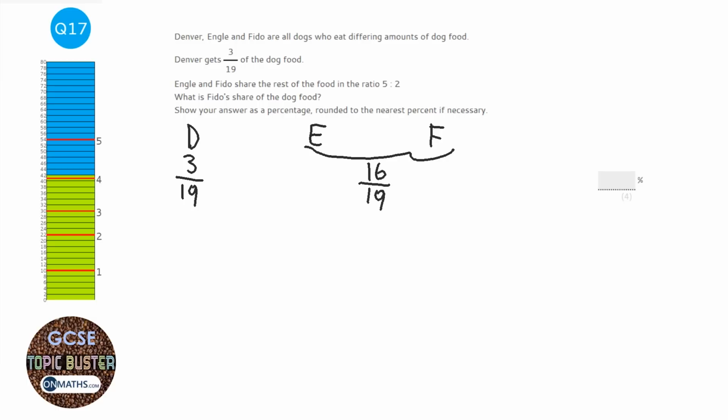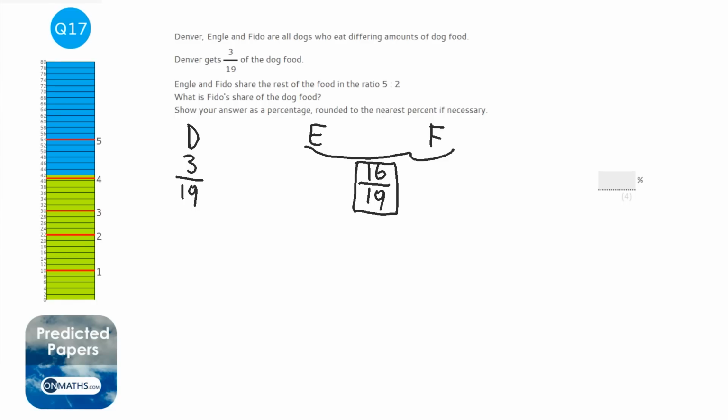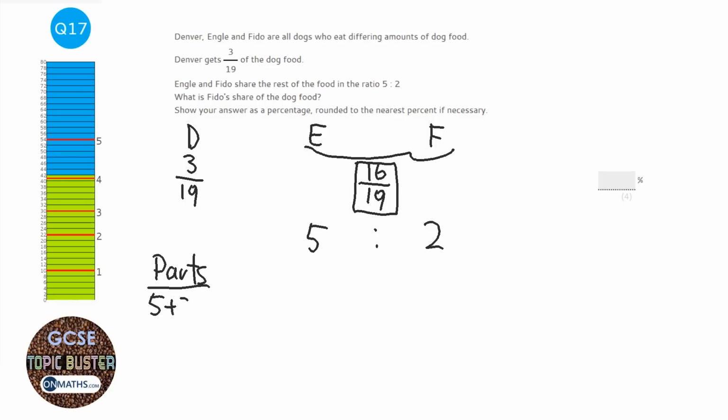So we can kind of ignore Denver now because we used Denver's amount, or fraction of the food, to work out Engels and Fido's combined. So that's how much food they'll get, but they're sharing it in the ratio of 5:2. So in total, the amount of parts they have is 5 plus 2, which is 7.